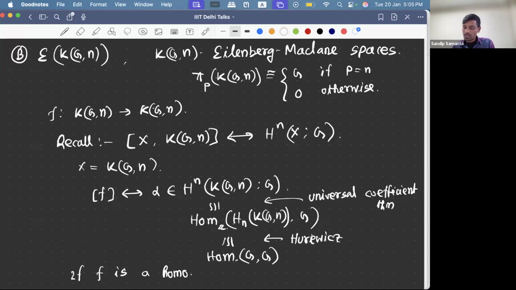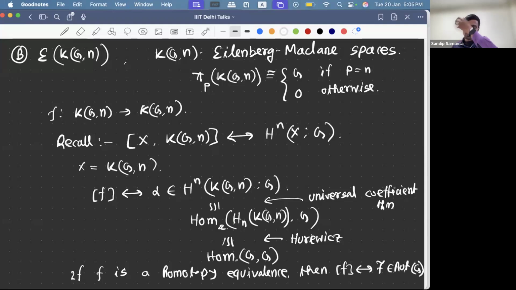That means it corresponds to an element of the automorphism group of G. So if f is a homotopy equivalence, then its homotopy class corresponds to an element, let's say f tilde, in the automorphism group of G.